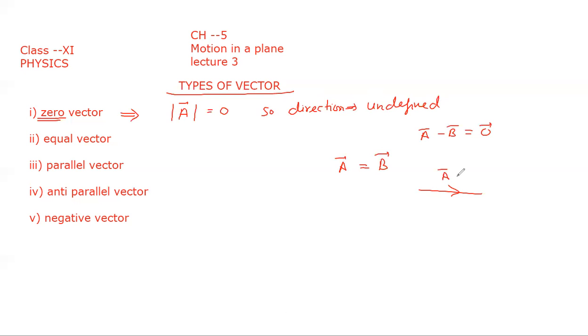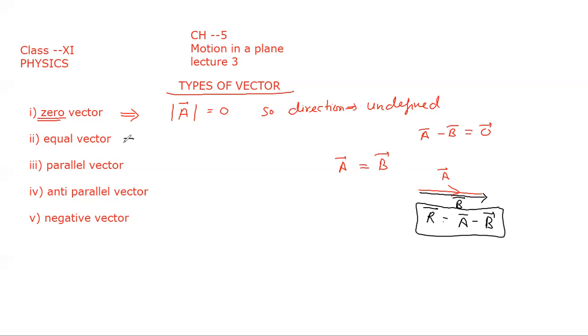Suppose vector A is in this way and vector B in this way. If we subtract A minus B, then the final result is zero. If A and B are equal, then A minus B equals the zero vector. So the zero vector is clear to all of you.